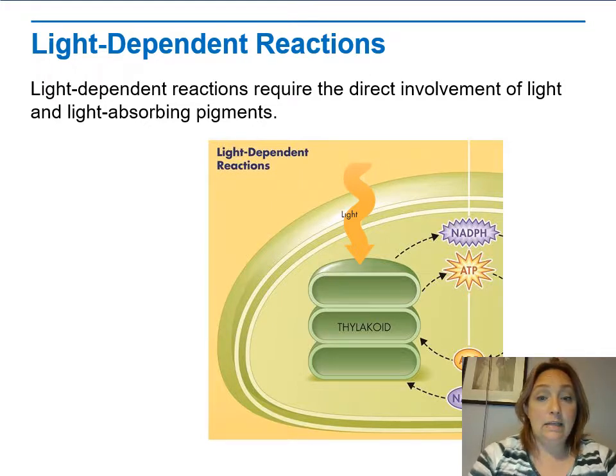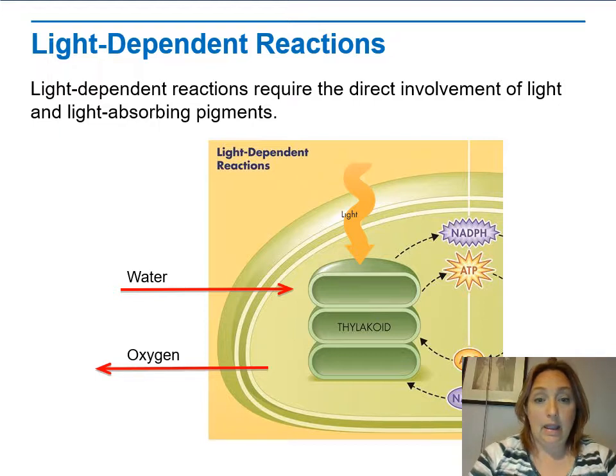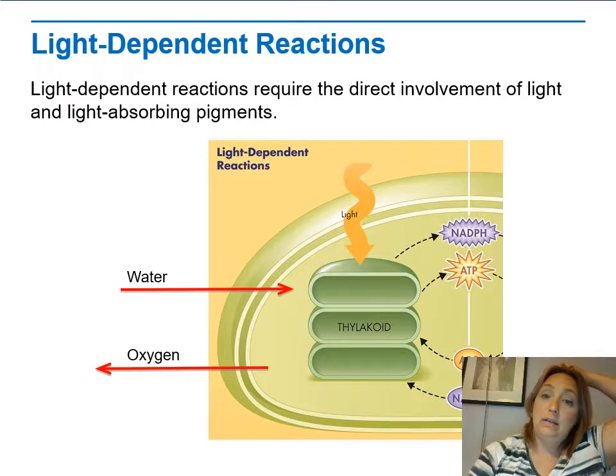And when it does that, we get NADP+ gathering some of that energy, using water as a reactant and turning out oxygen as a product. Okay. In the meantime, we're also going to charge up a molecule from ADP to ATP.